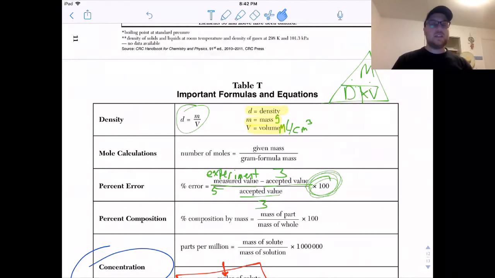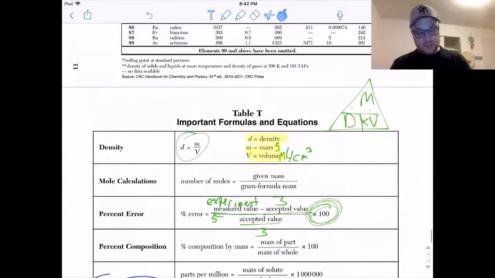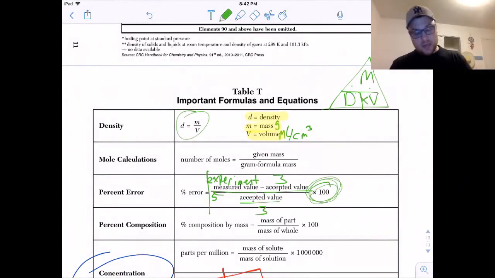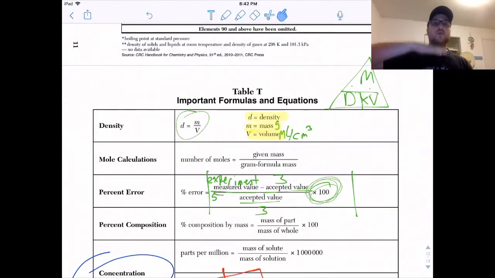All right. Last thing I want to talk about is Sig Figs. Yay, everyone's favorite. So we'll do the rules of what numbers count first. 1, non-zeros are always significant. Period.